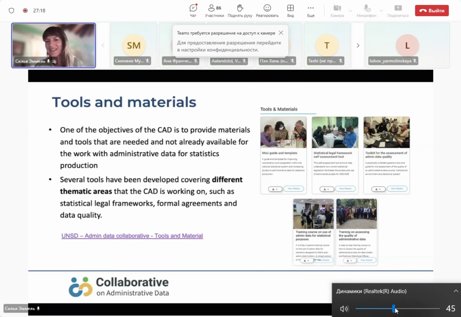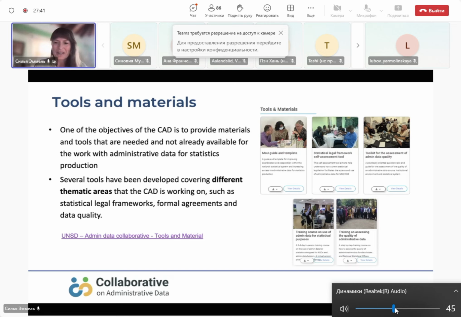You can see in the small pictures, for example, there's an MOU guide and a template for developing MOUs. Then there's an assessment tool that allows you to look at your statistical legal framework and how it facilitates or not the sharing of administrative data.